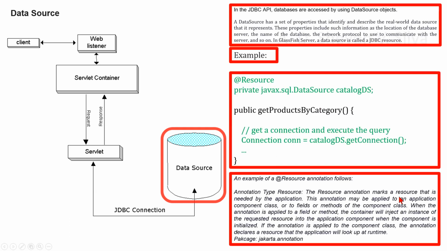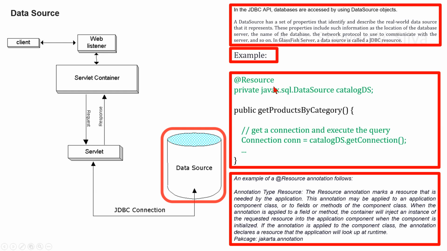As an example, the @Resource annotation follows the annotation type Resource. The Resource annotation marks a resource that is needed by the application. This annotation may be applied to an application component class or to fields or methods.